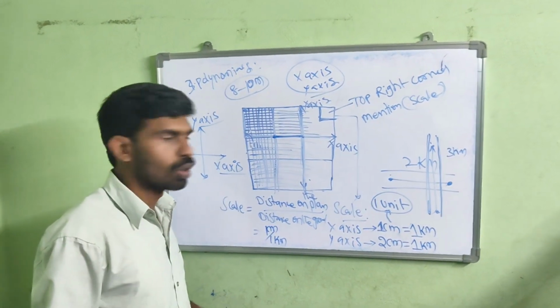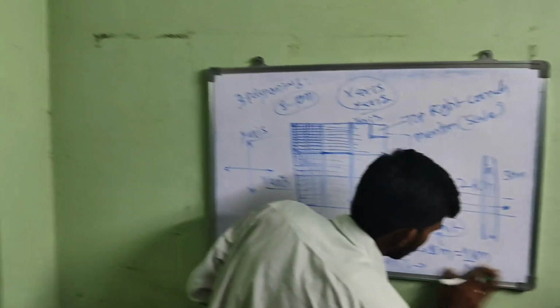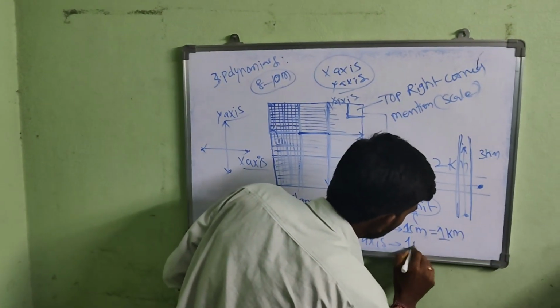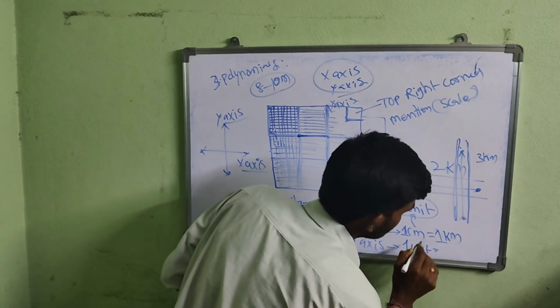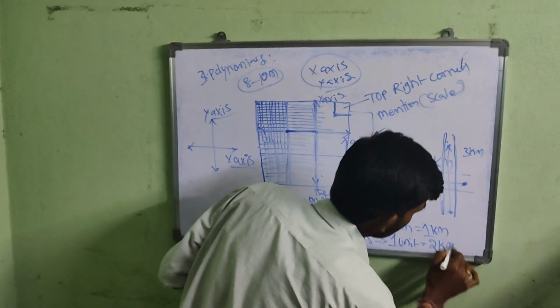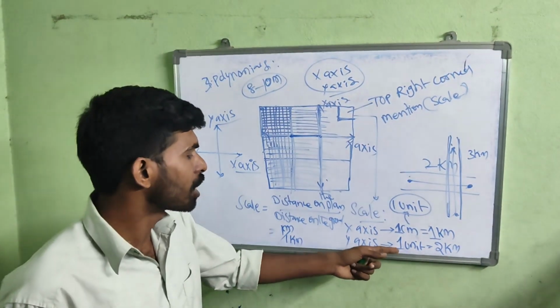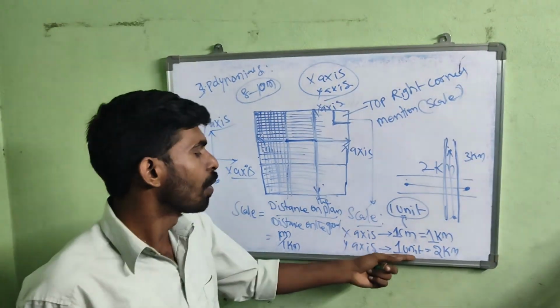Or we can say another thing: 1 unit, that is 1 centimeter, equal to 2 kilometers. I am assuming that on the y-axis 1 unit equals 2 kilometers.